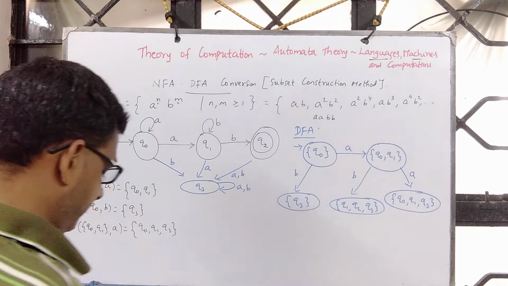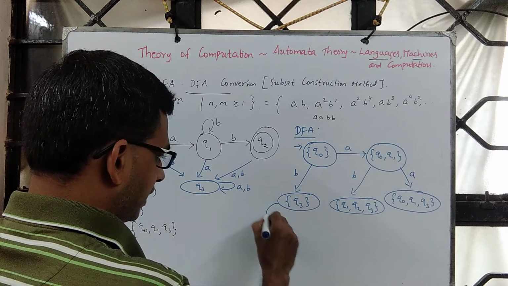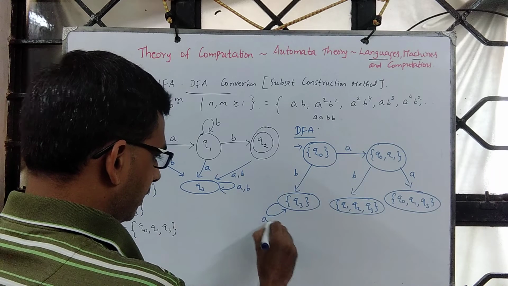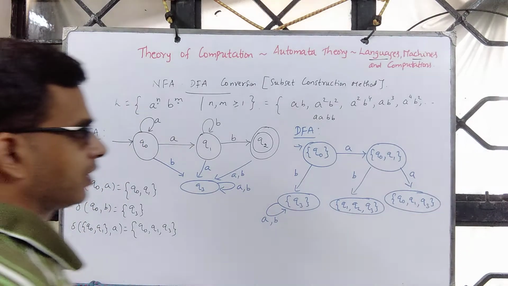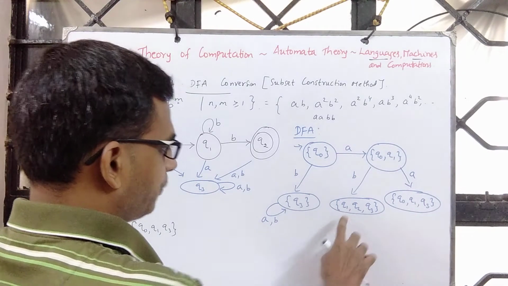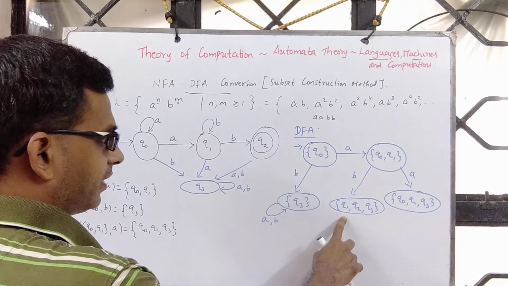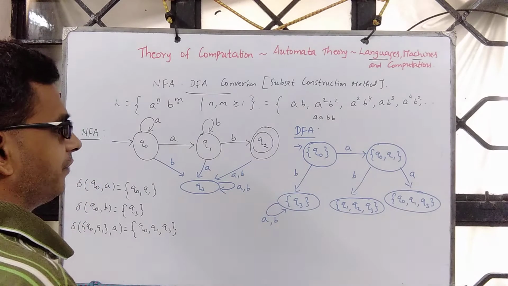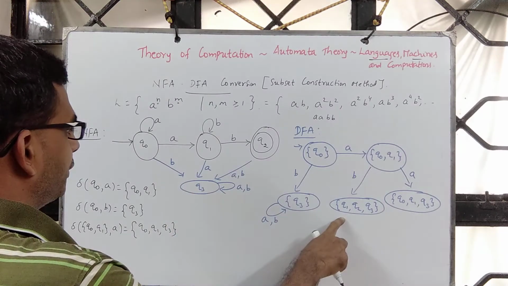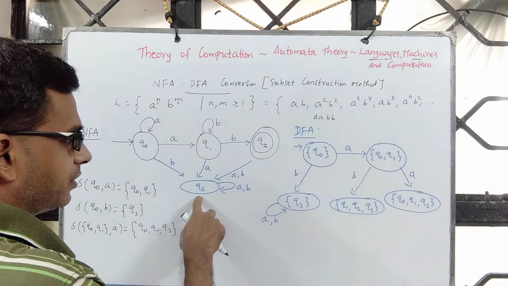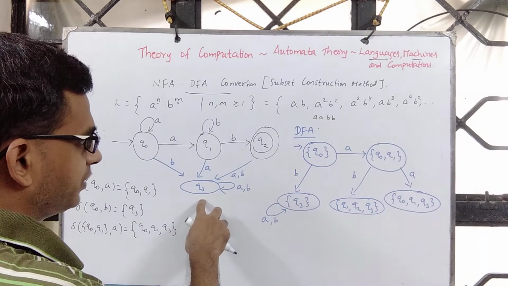Let's look at Q3. For Q3, A is again Q3 and for B also it is Q3. Fine. So let's look at Q1, Q2, Q3. With respect to this, if we define A, where do we move to? For Q1, A is Q3. For Q2, it is Q3.